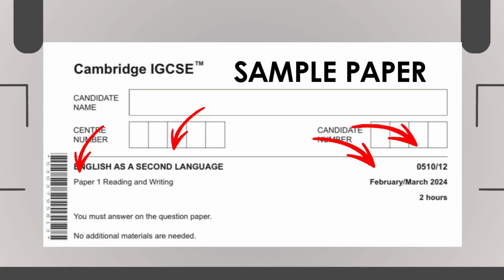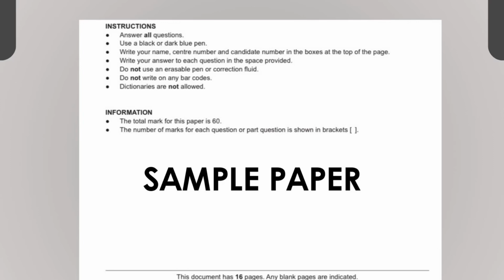Also be aware that this is a 2-hour exam paper, and read all the instructions written on this first page. Before I forget, this whole paper consists of 60 marks, and the mark distribution is written at the end of each question.